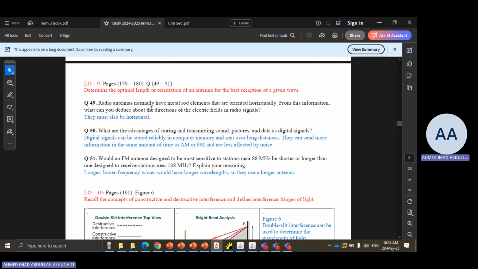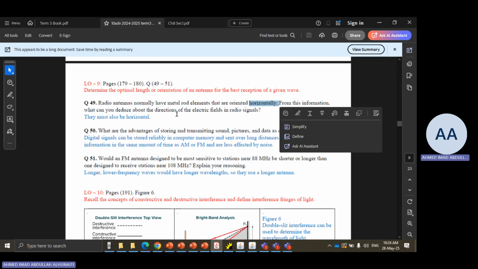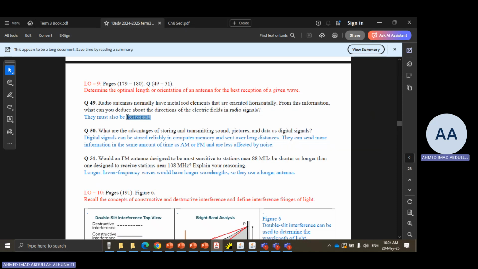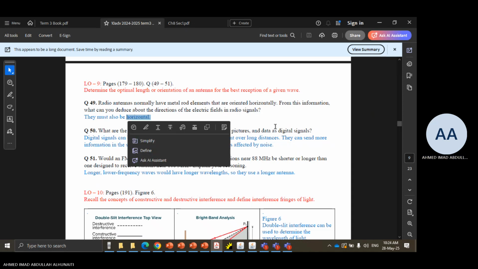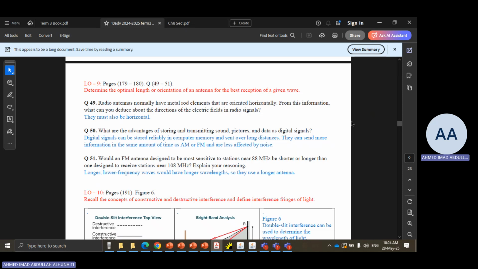Radio antennas normally have metal rod elements that are oriented horizontally. So here they're saying that the antenna is aligned horizontally. From this information, can you deduce the direction of the electric field in radio signals? Yes, the electric field will be aligned with the antenna, horizontal. Conversely, the magnetic field will be aligned vertically because it's perpendicular to it.